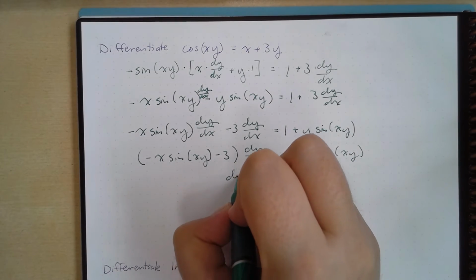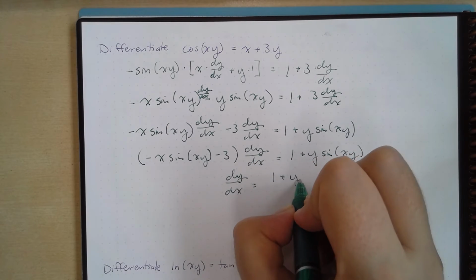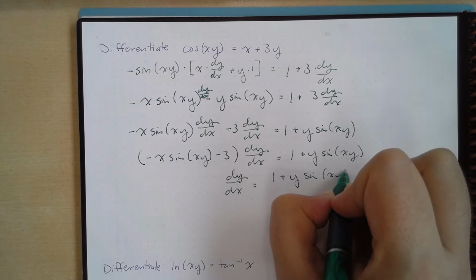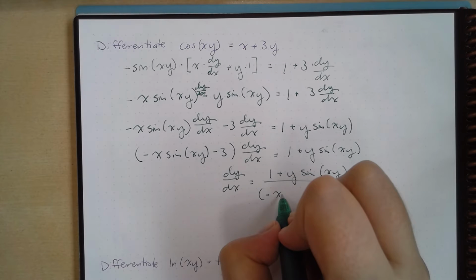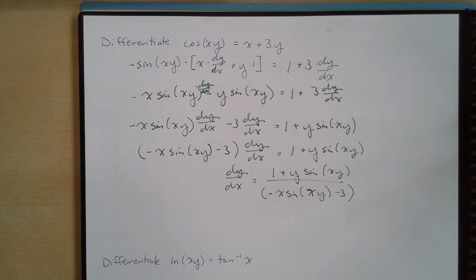So dy over dx is equal to 1 plus y sine of xy divided by negative x sine of xy minus 3. And I guess if you wanted to, you could have rearranged stuff here, but that's basically correct.